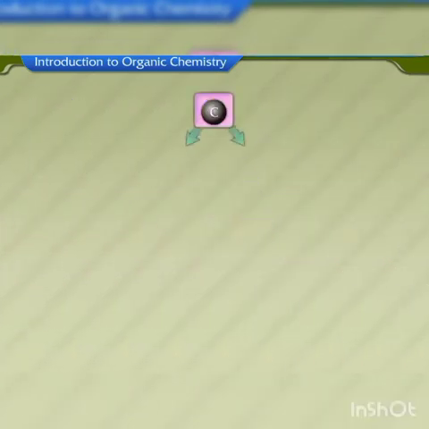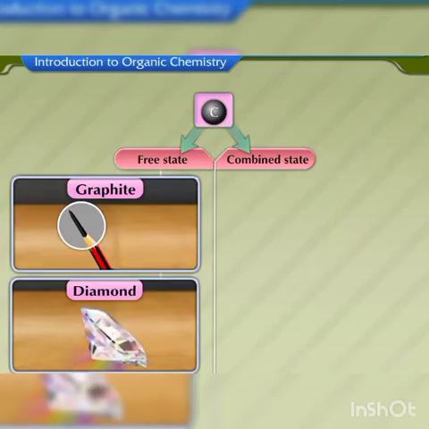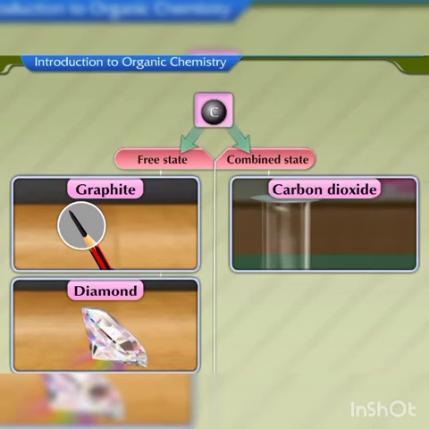Carbon is present in nature both in the free state and in the combined state. It is found in the free state as graphite and diamond. In air, it occurs in combination with oxygen as carbon dioxide.